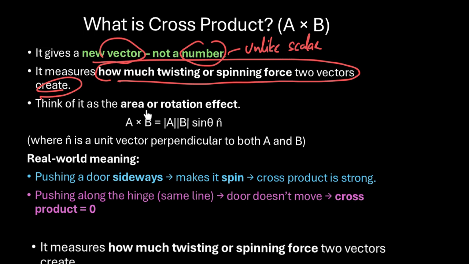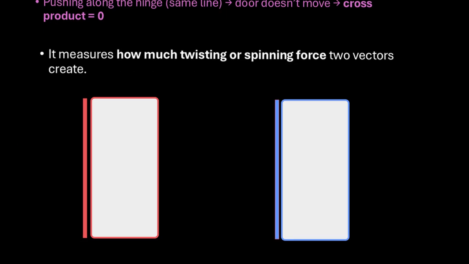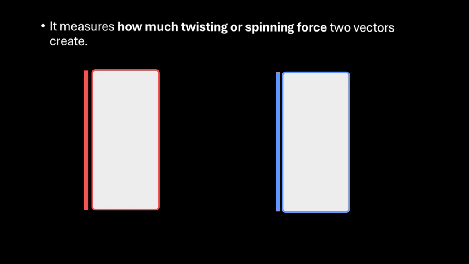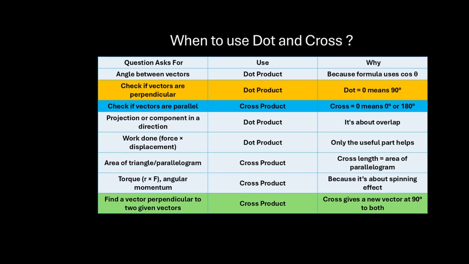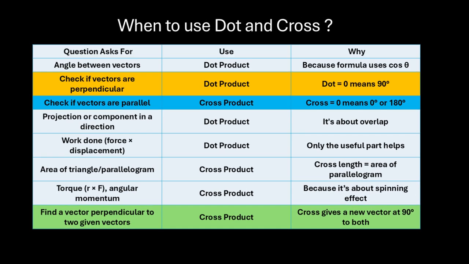So think of this as the area or the rotation effect. Now, the rotation effect is related to a most practical example that we often discuss, turning a doorknob. Okay, let's not go into this cross product now. We have a lot of questions based on cross product, and we'll discuss it then.